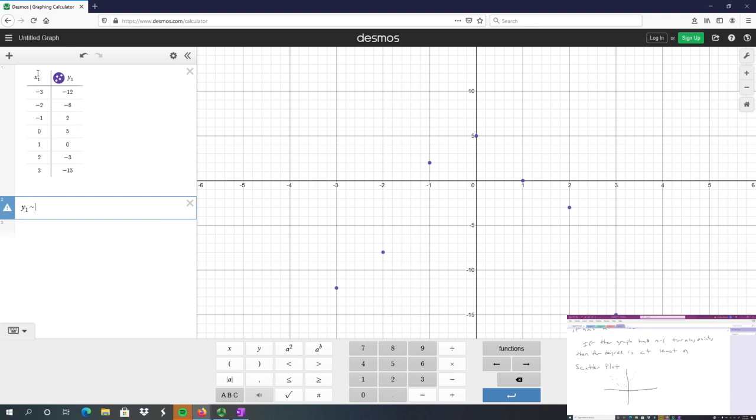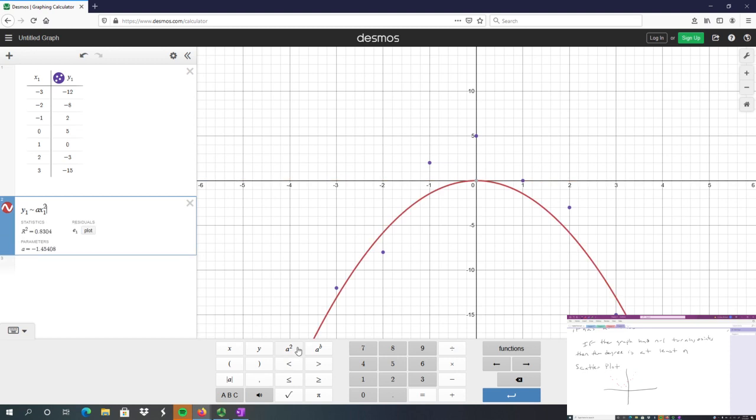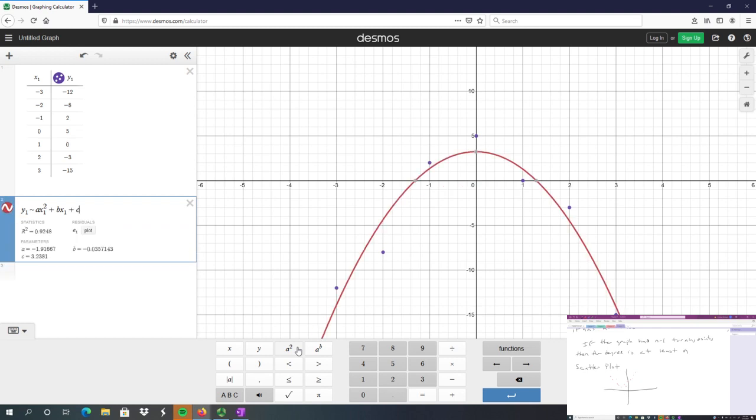And then the tilde, and my quadratic, which will be ax1 squared plus bx1 plus c. And we get our graph. So here's my curve that goes with my points. Okay? So Desmos will give us that too.